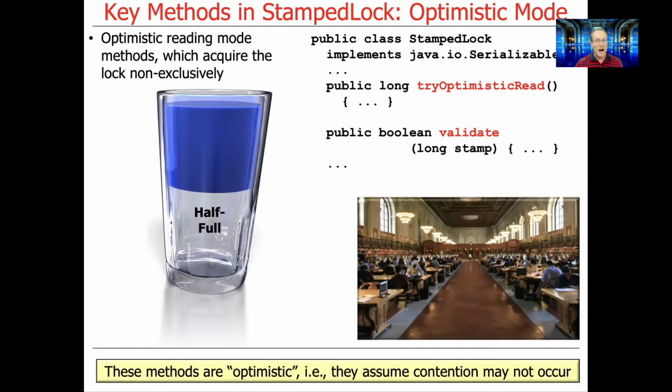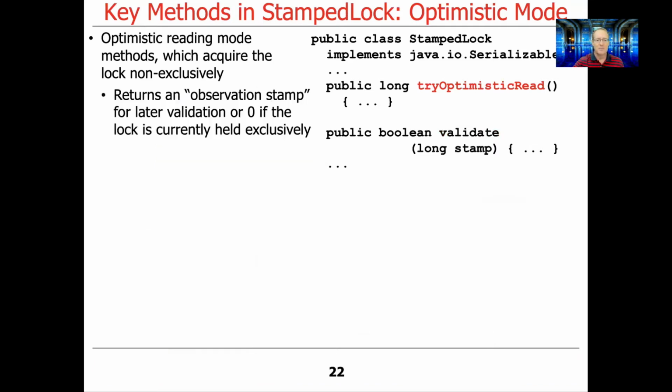Unlike reading and writing mode, which are basically pessimistic, the optimistic read mode is, as the name suggests, optimistic, which means that contention is assumed not to occur. Now, that, of course, raises the question, well, what happens if contention does occur? And that's exactly how you have to use these locks.